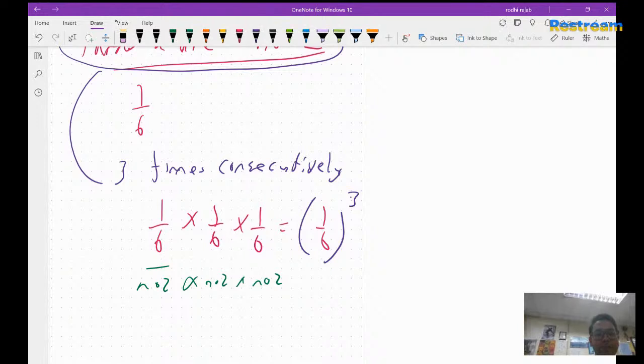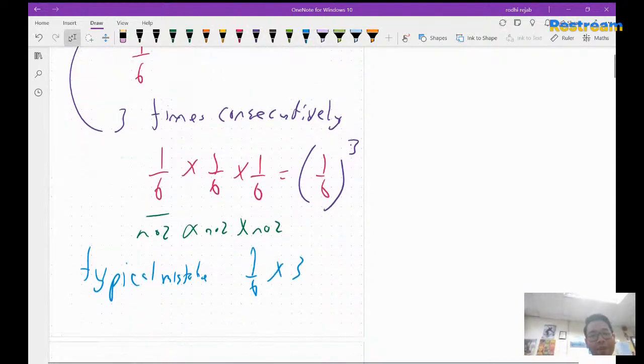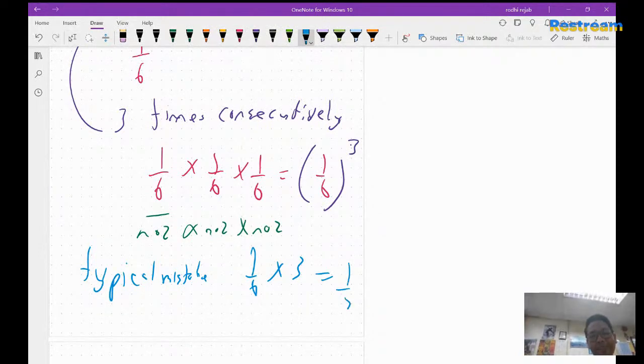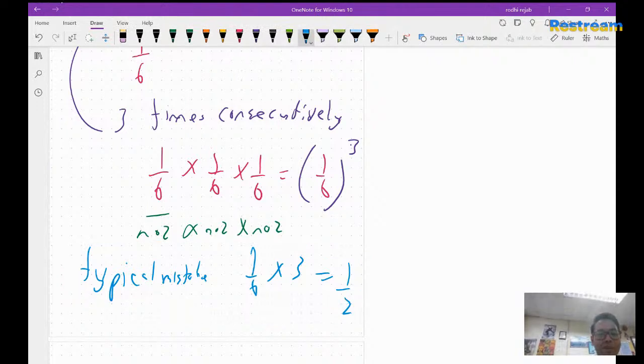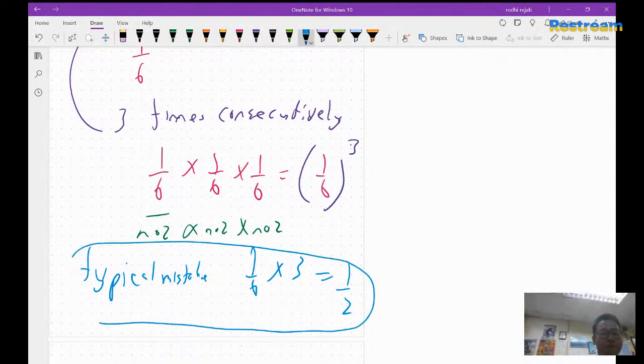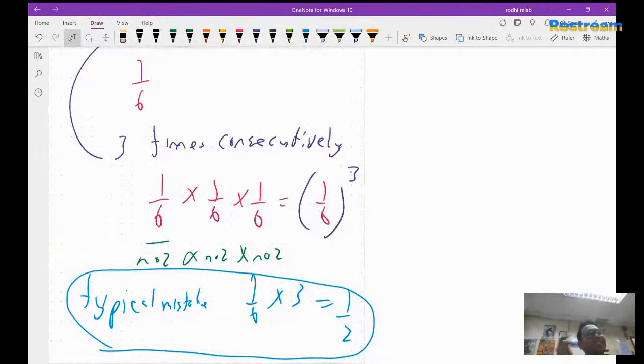A typical mistake will be something like 1/6 times 3. I've seen this a lot in my life. If you play snake and ladder and you want to get number 6, it's difficult.